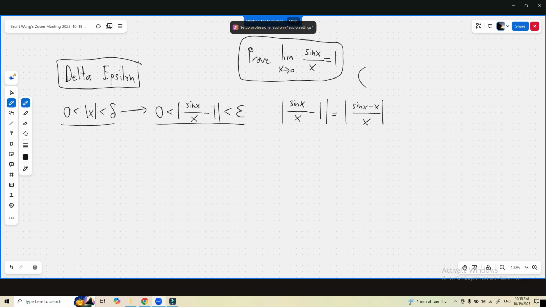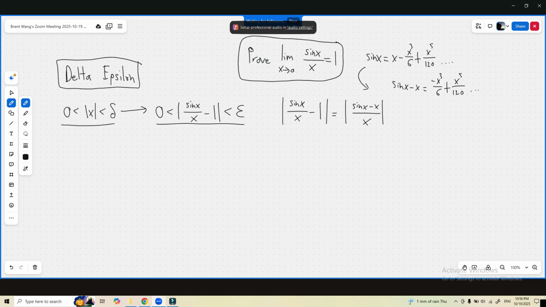Now, I'm not sure if you guys remember this, but the Maclaurin series for sine x is equal to x minus x cubed over 6 plus x^5 over 120, dot, dot, dot. So sine x minus x is equal to negative x cubed over 6 plus x^5 over 120, dot, dot, dot.